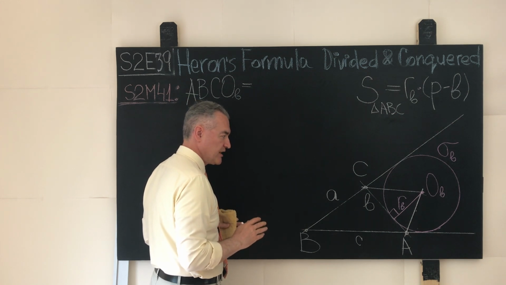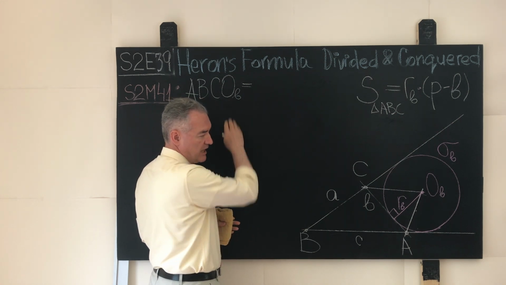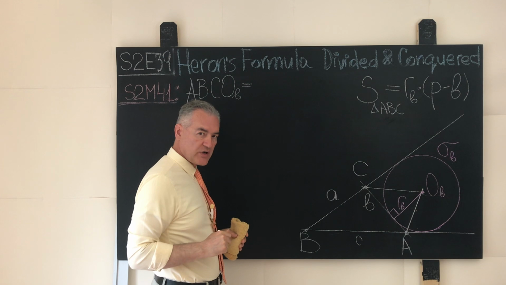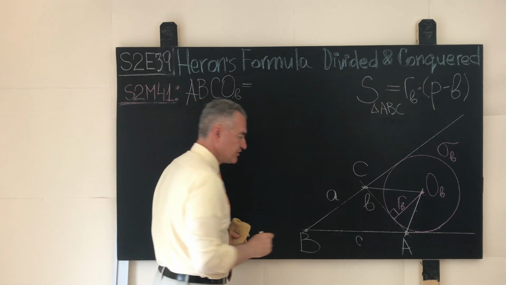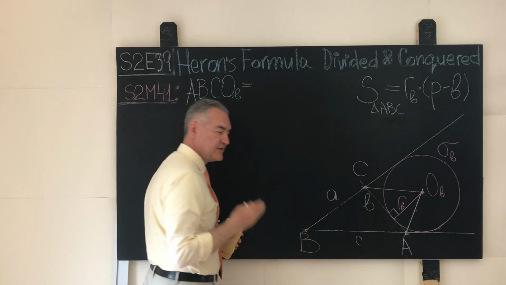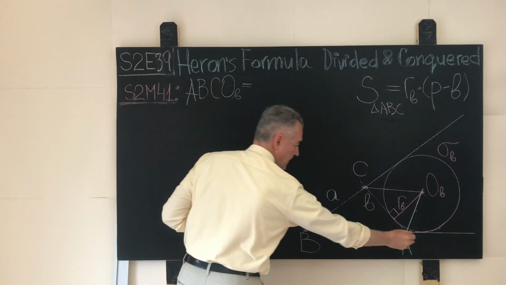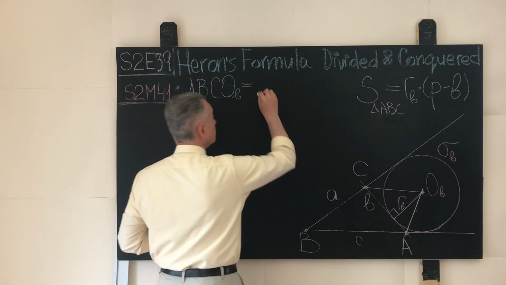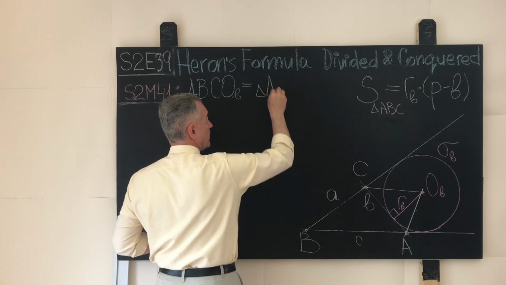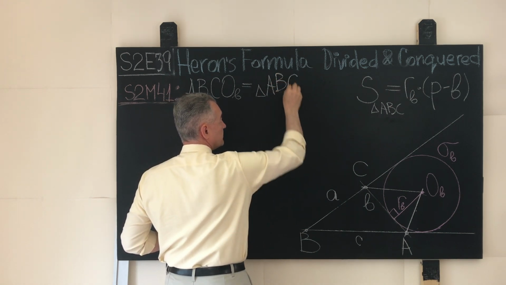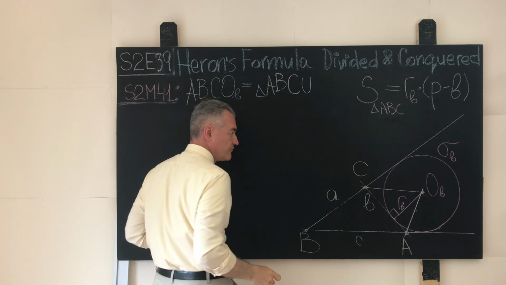Here, first, on the one hand, we represent that whole as the union of which two triangles? Here we represent our new whole as the union of the triangle A, B, C, and what else?